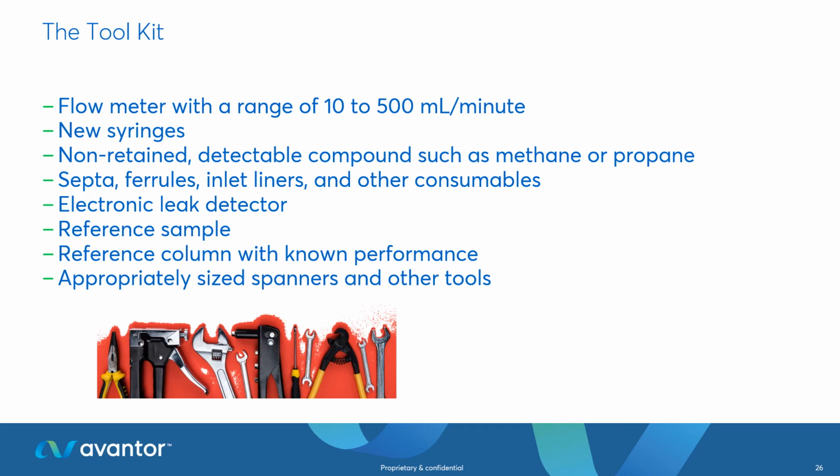An electronic leak detector. We've already talked about a reference sample, but perhaps another type of reference sample that this time contains something that is less volatile. Having a reference column, a column that you know works, is also very useful. And then a range of tools and spanners that can be used on the instrumentation in order to change columns, etc.